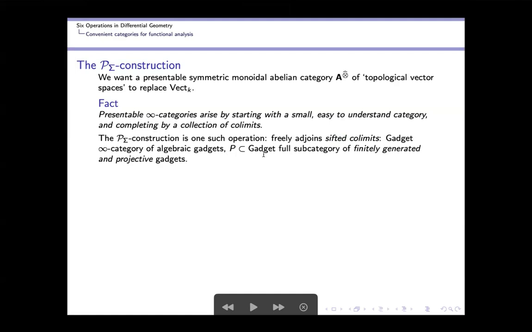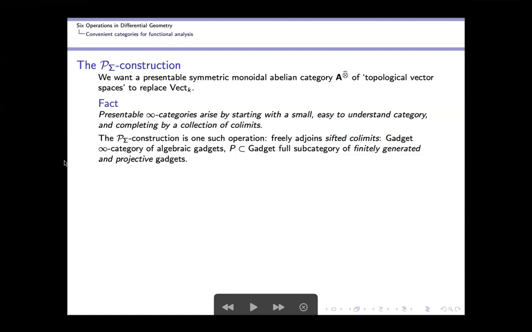What you have is some category of algebraic gadgets, maybe like commutative algebras or modules over a ring. And in there is the class of nicest objects, the free and finitely generated, or the finitely generated and projective objects, in this case.